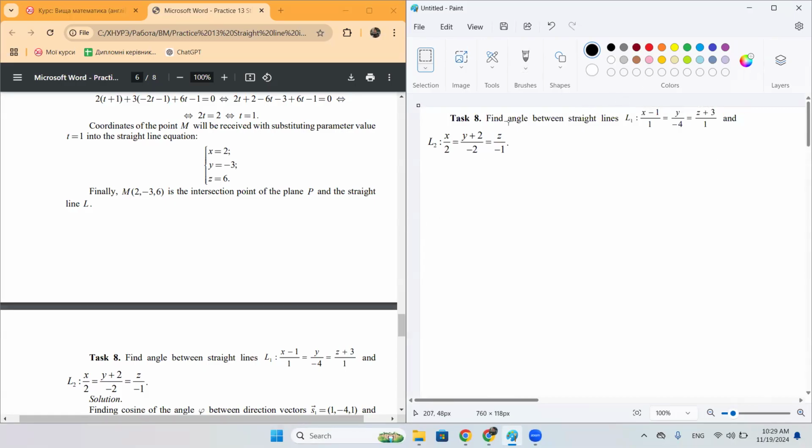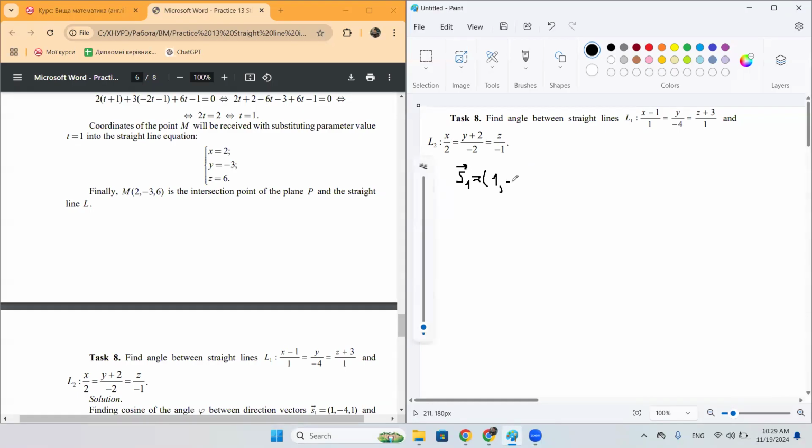Okay, so how to find it? We just need to find the scalar product of the direction vectors and divide by the product of the magnitudes. So let's do it. Let's better write down the coordinates of the direction vectors.